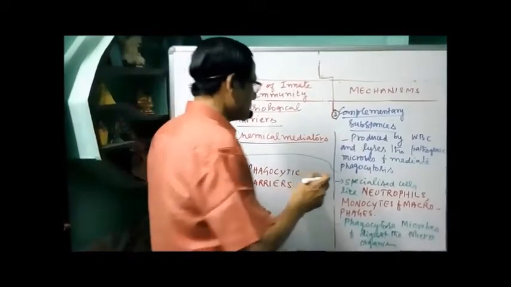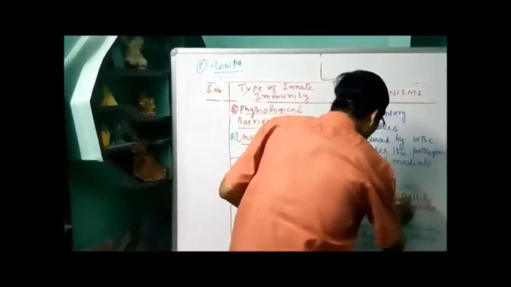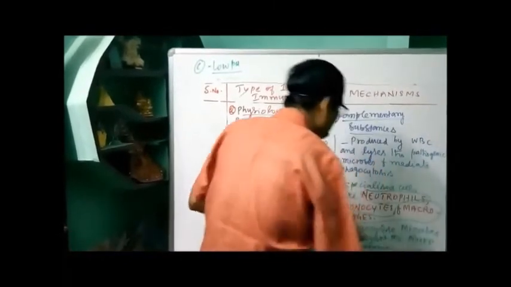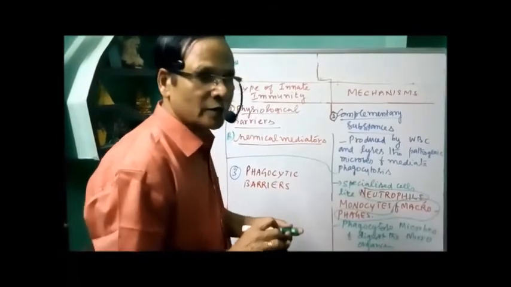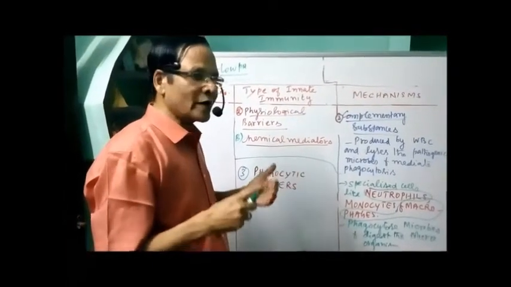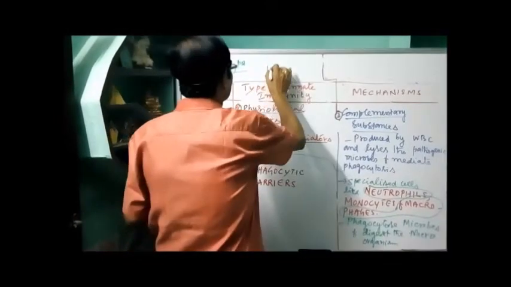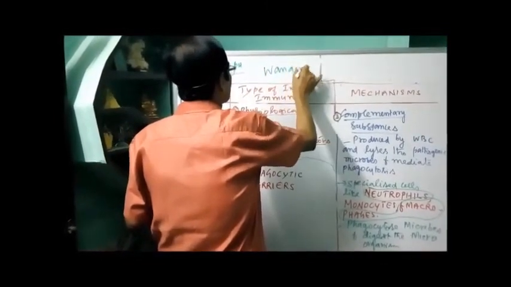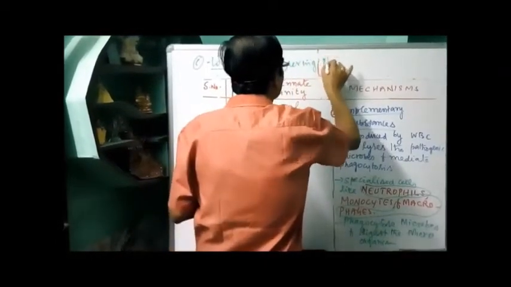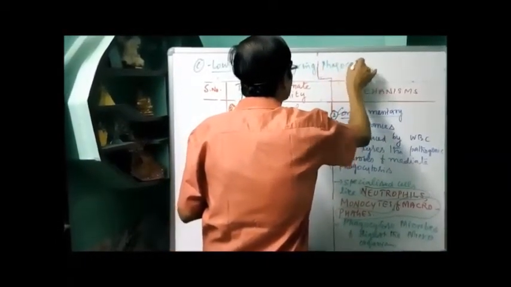Even the neutrophils and macrophages, these two can leave the blood vessels, entering the intercellular spaces where the interstitial fluid is present. So they are called wandering phagocytes. Wandering, always moving here and there, giving protection to the body, hence called wandering phagocytes.